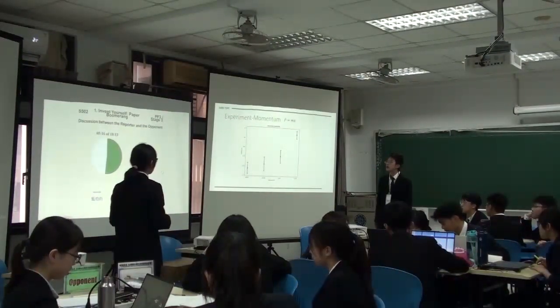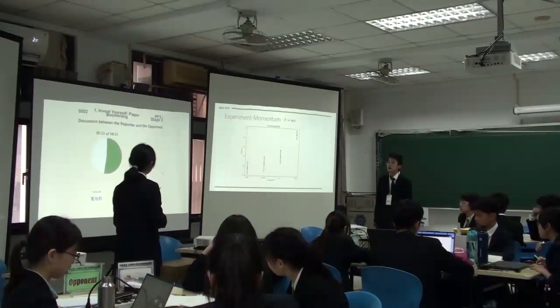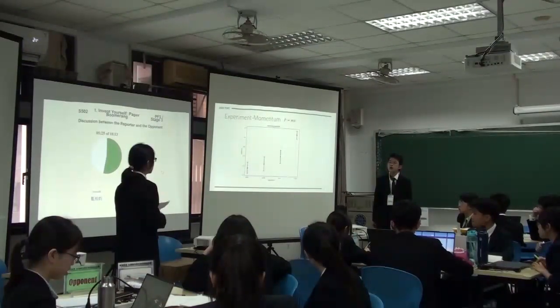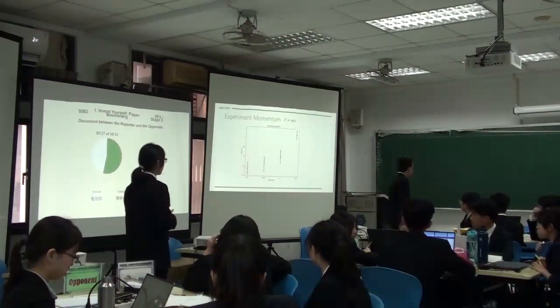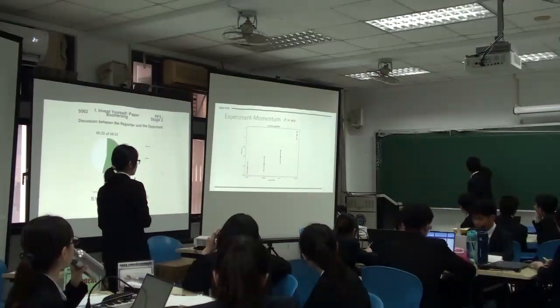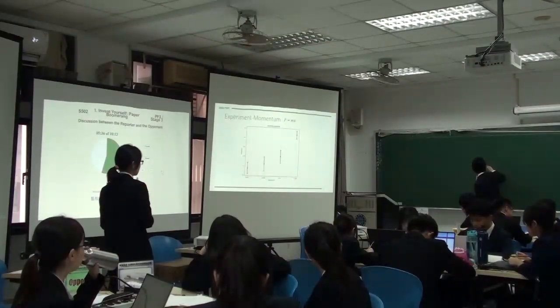So this one is your dependent variable. Momentum is your dependent variable, right? Yes. So what's distance? Distance is your dependent variable. The distance is that this is the start point and this is the end point and this is the distance.